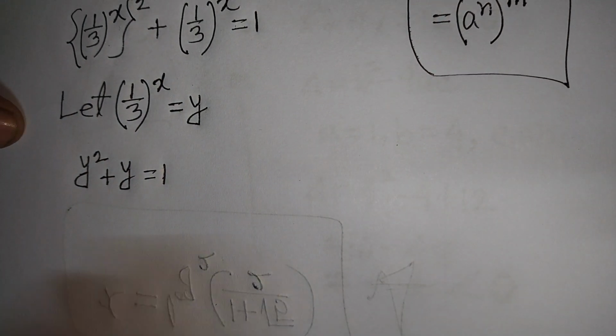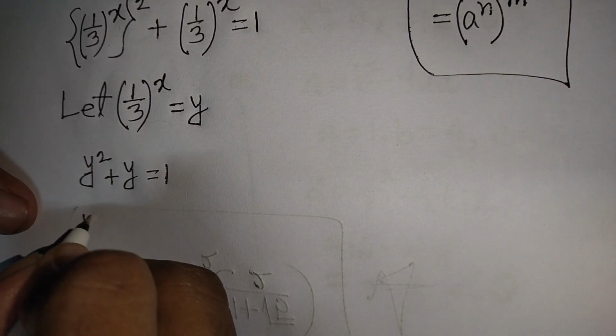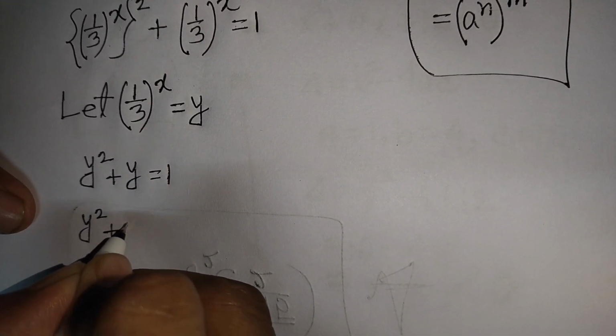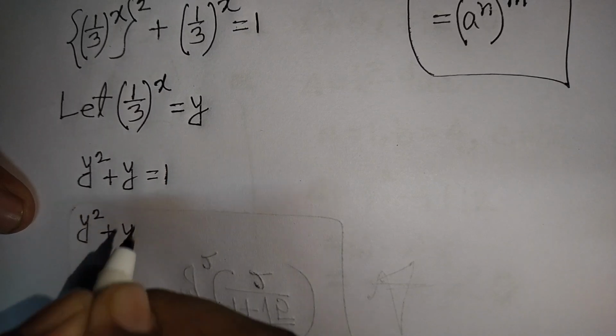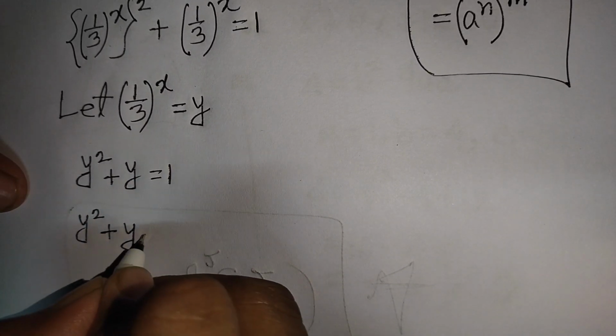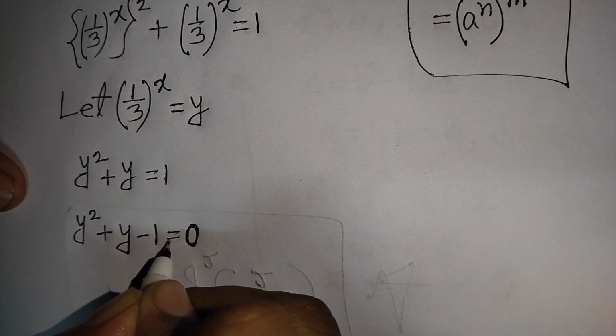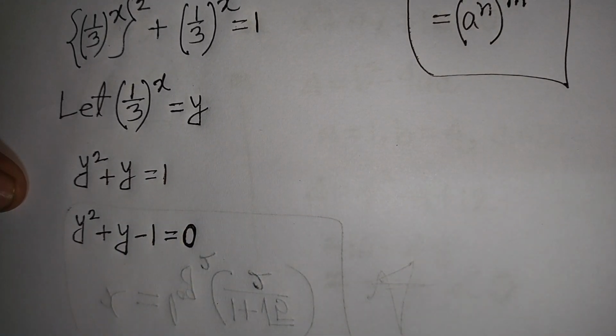Now I can write here y square plus y, then this plus 1 we take to the left side, so this will be minus 1, is equal to 0.